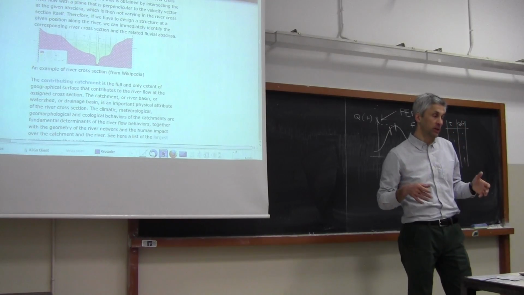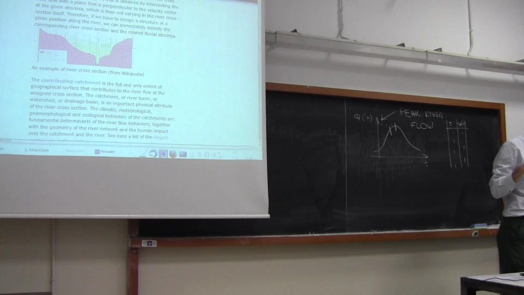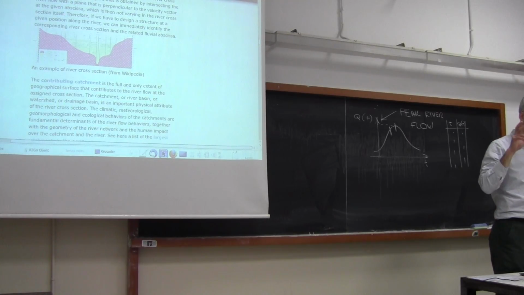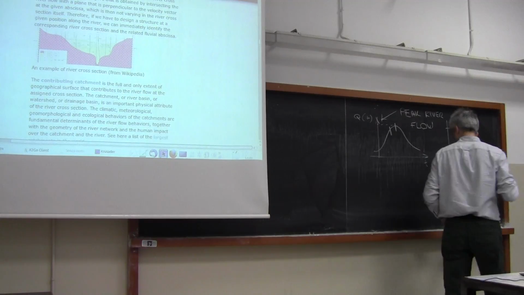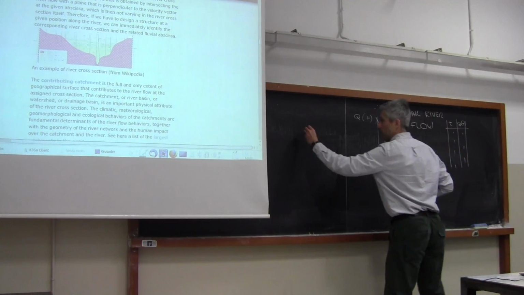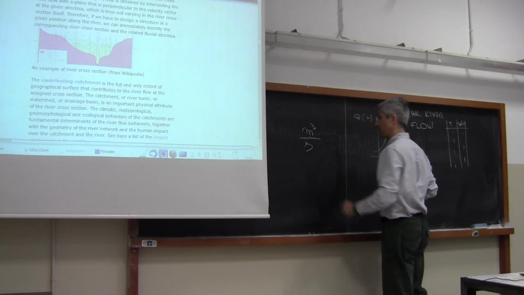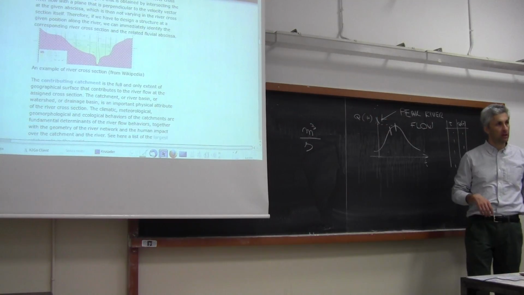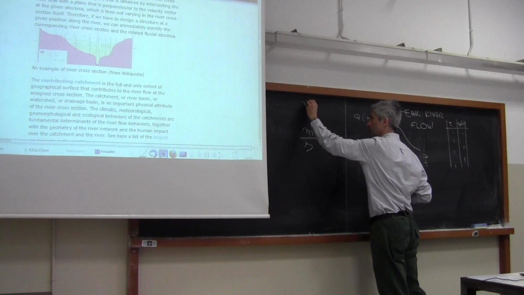And the river flow, by adopting this definition, is expressed in terms of units as a volume over time, and usually it's expressed in cubic meters per second. This is usually for big rivers.